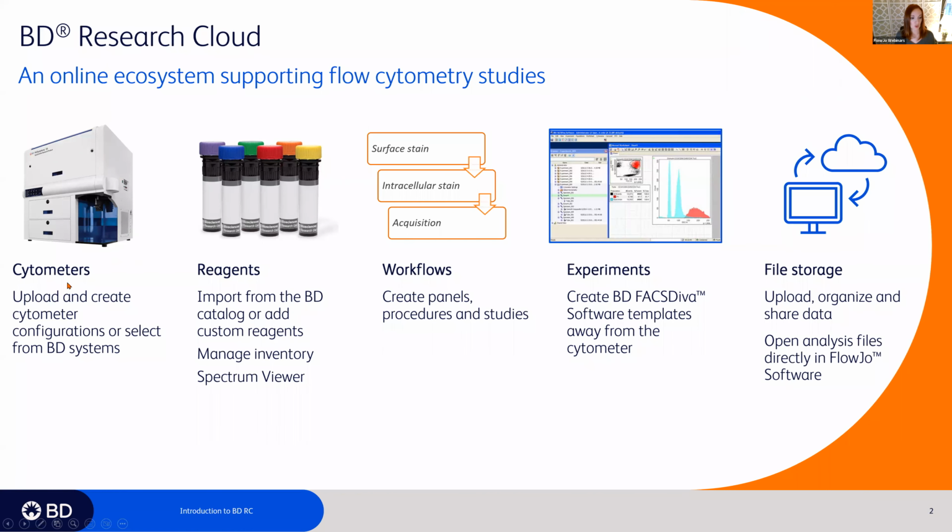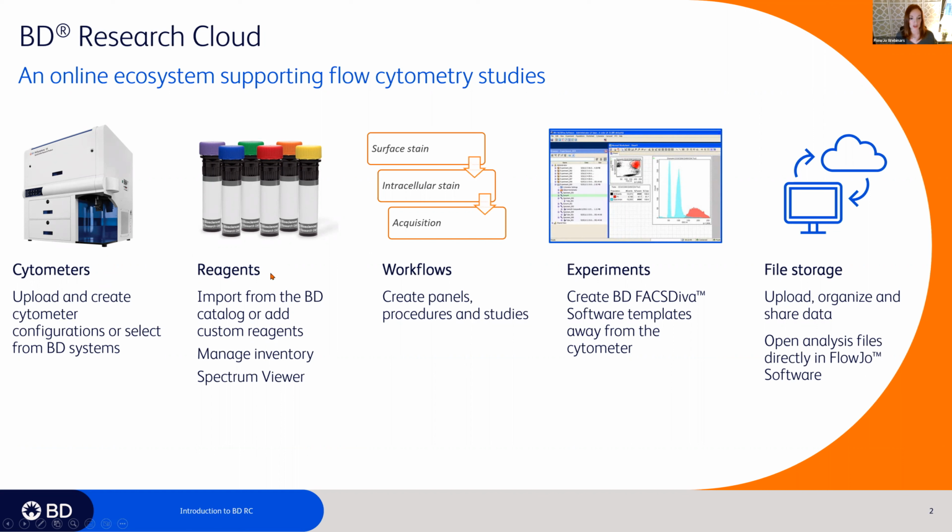There you can store information like what kind of lasers are on that cytometer, as well as what kind of filters or detectors, and what colors, or fluorophores, you can use on each of those different filters, facilitating the downstream processes we're going to talk about.